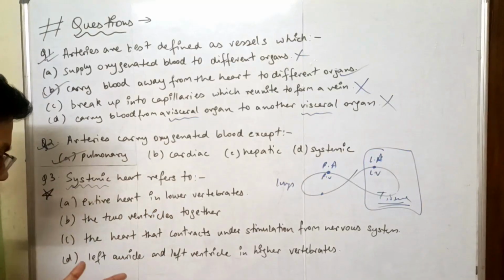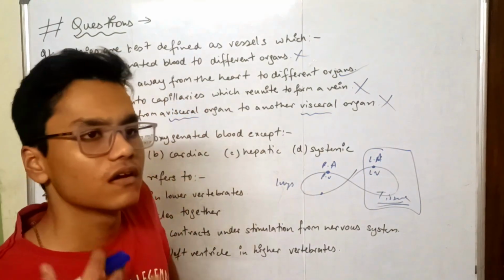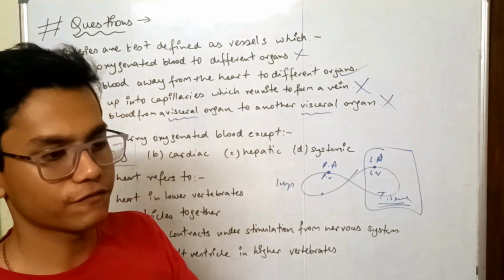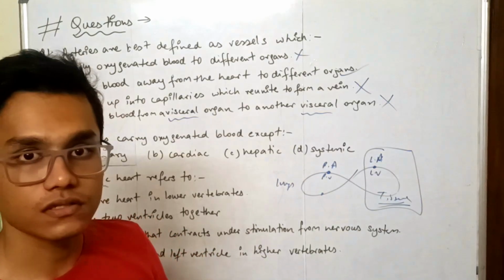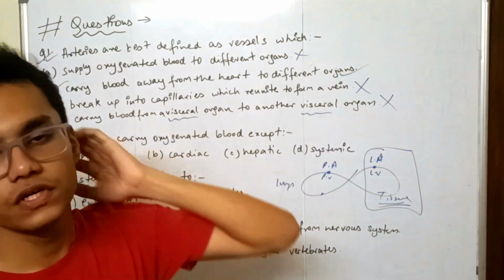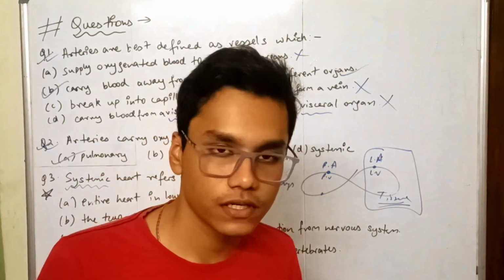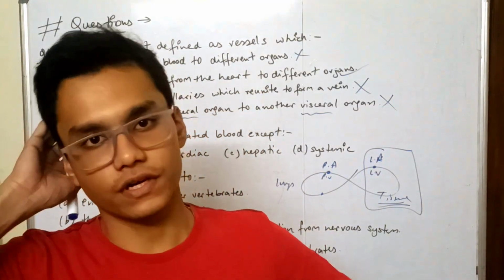Entire heart in lower vertebrates, that is a concept that you'll be worrying about, but no. Lower vertebrate means below a certain phylum, below a certain class, below certain divisions in the animal kingdom. So below us, being at the top of the food chain, we are seeing frogs, birds, crocodiles, lions, etc. These are lower vertebrates.